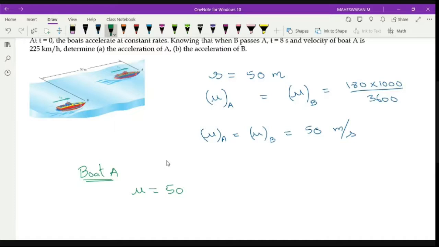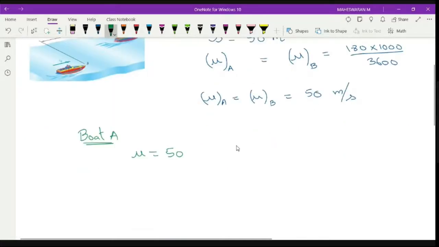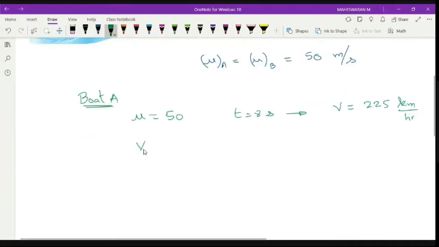When t is equal to 8 seconds, you get the V value, which is 225 kilometers per hour. I have to multiply by 1000 and divide by 3600 to convert to meters per second, which gives 62.5 meters per second. So now you get the V value.